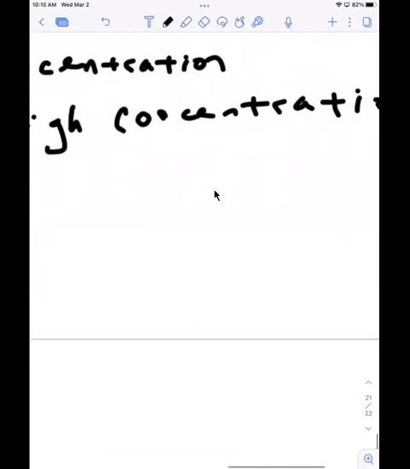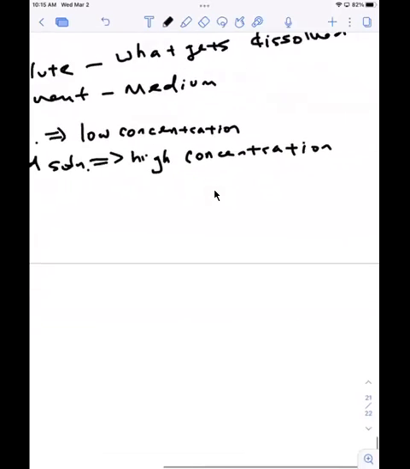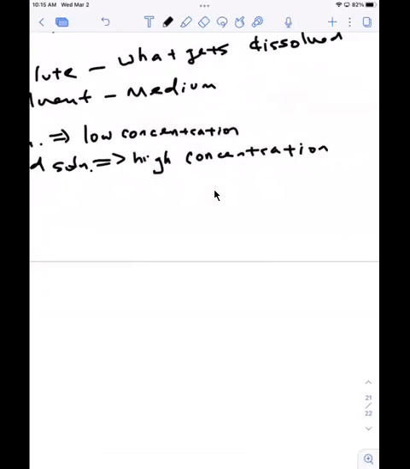Right. And what we mean when we say high or low concentration is basically the amount of solute per liter. So a high concentration is going to have a higher amount of solute per liter than something of a lower concentration. All right.